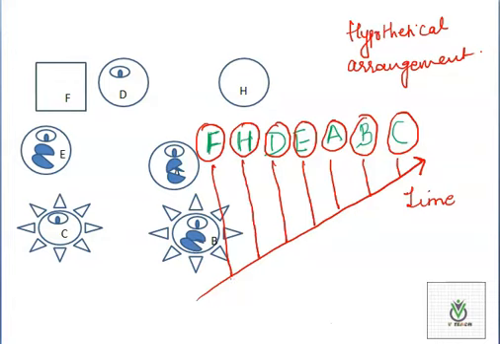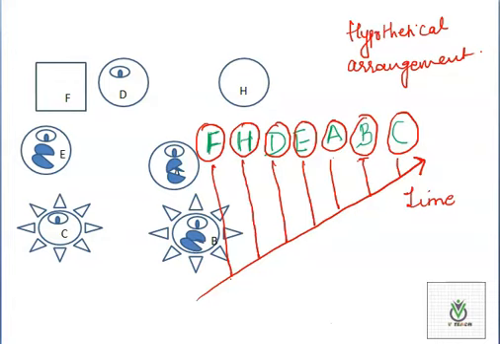Now we have to determine whether B is more related to A or B is more related to C. So it is quite possible that in B a retrogression has taken place, and due to some adaptive features the mouth has disappeared. So that is why we have kept C over here.